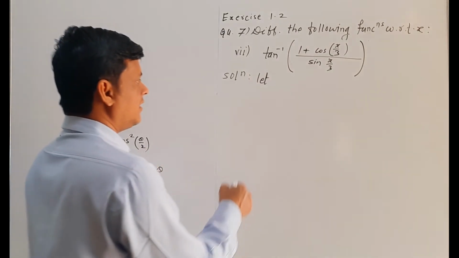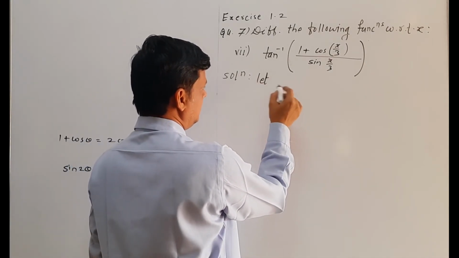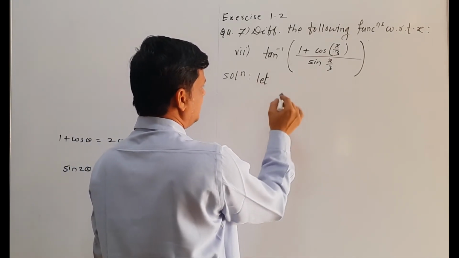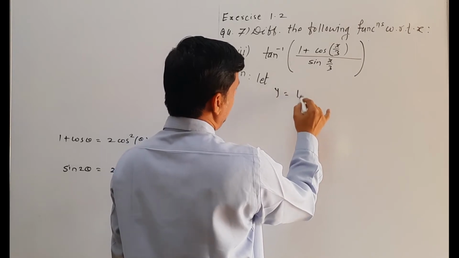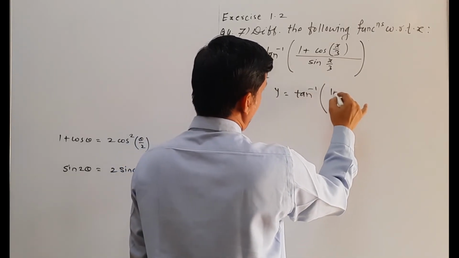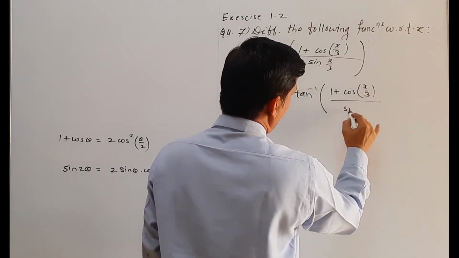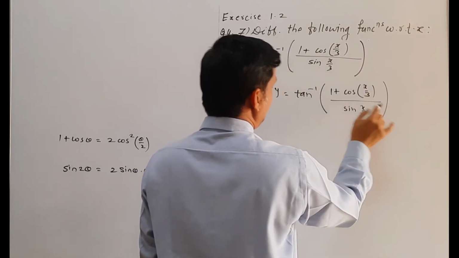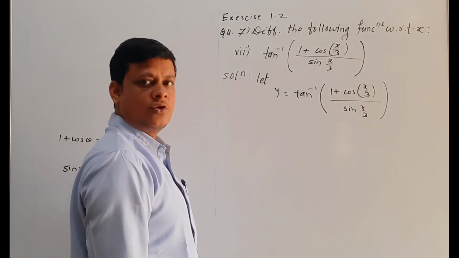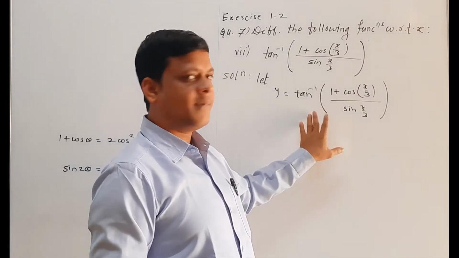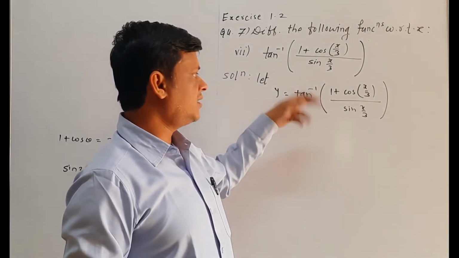So first we write the given function as, let y is equal to tan inverse of (1 plus cos x by 3) upon sin x by 3. That means we have to simplify this bracket so as to reduce it in the form of tan, because the outer function is tan inverse.